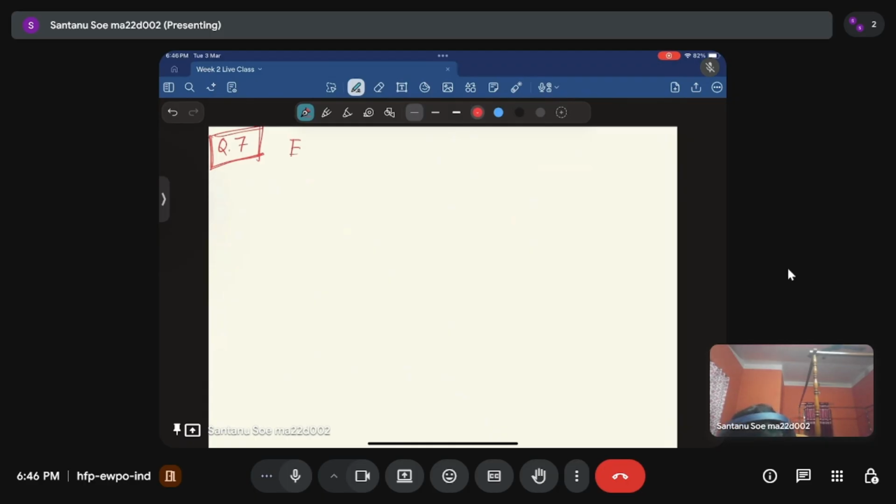Evaluate the double integration over R of x to the power l minus 1, y to the power 2m minus 1, dx dy, where the region R is given by x greater than or equal to 0, y greater than or equal to 0, and x square plus y square less than or equal to c square. Okay.